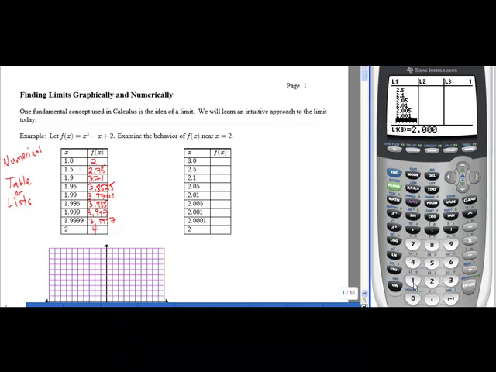So all of these are just getting slightly smaller each time until eventually we get down to 2.